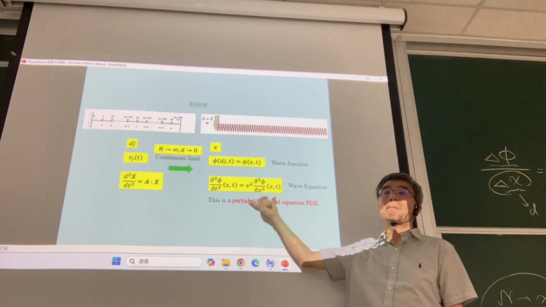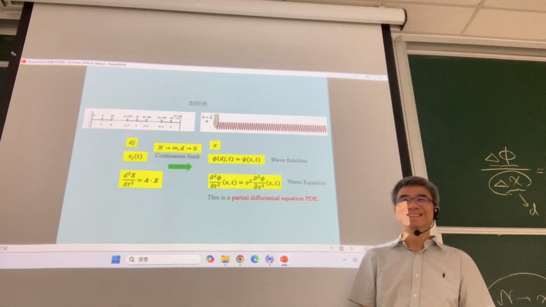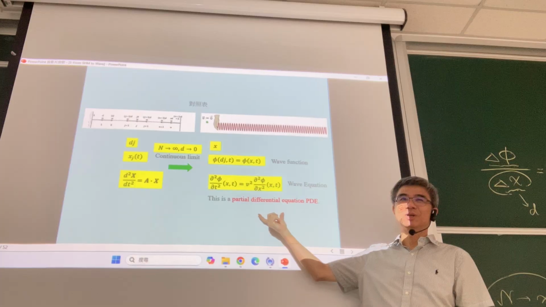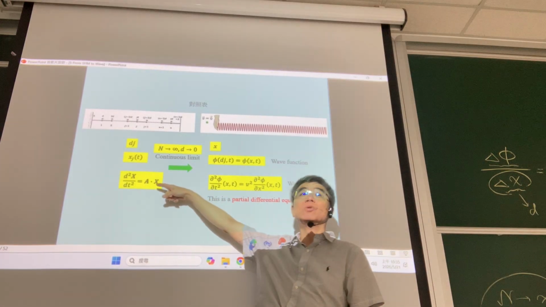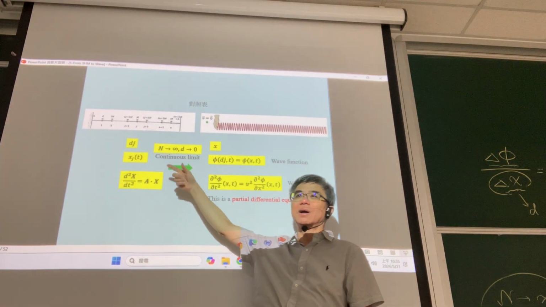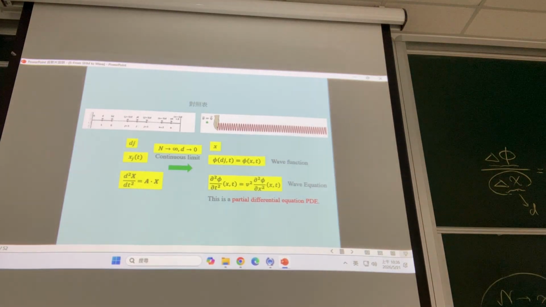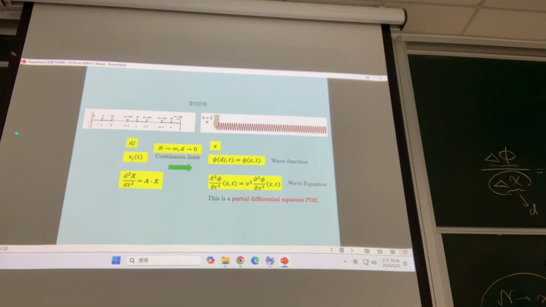Now, it becomes a partial differential equation. I hope it helps you to move from a simpler form of mathematics into a more complicated form of mathematics. So it opened the page to partial differential equation. That's the main focus of the next semester of our study, wave equation.